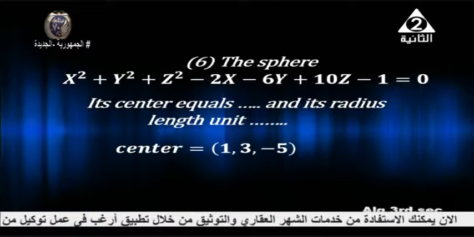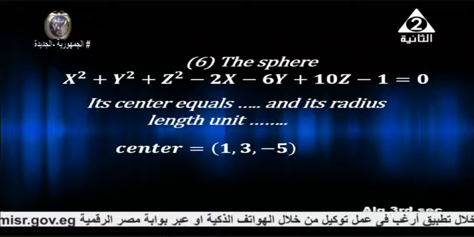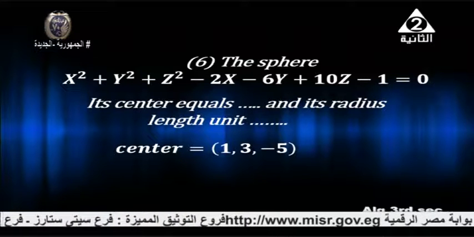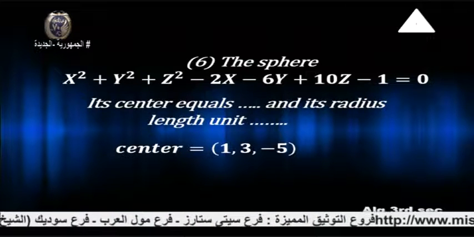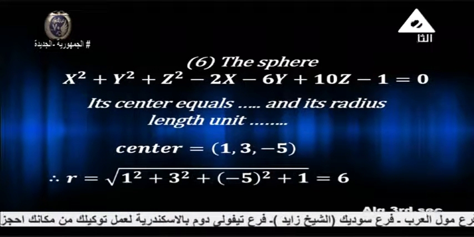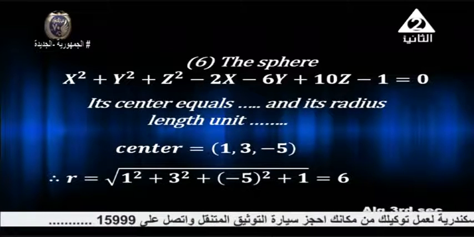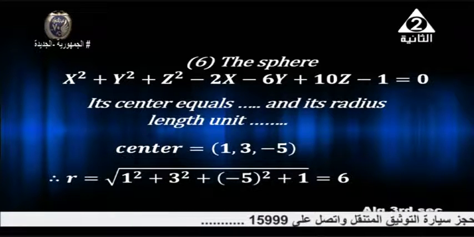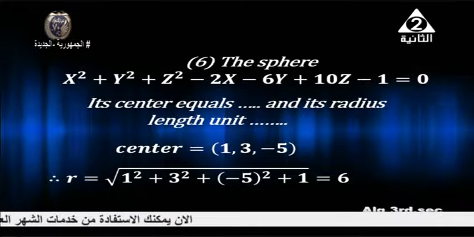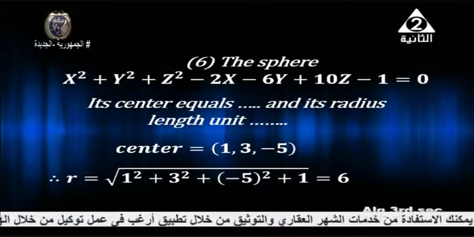We know that the center is 1, 3, negative 5, from dividing the coefficient of x, y, z by negative 2. And r equals the square root of L square plus K square plus N square minus D. What is the D? D is the constant, negative 1. Negative, negative equals positive. Therefore, the radius equals 6.